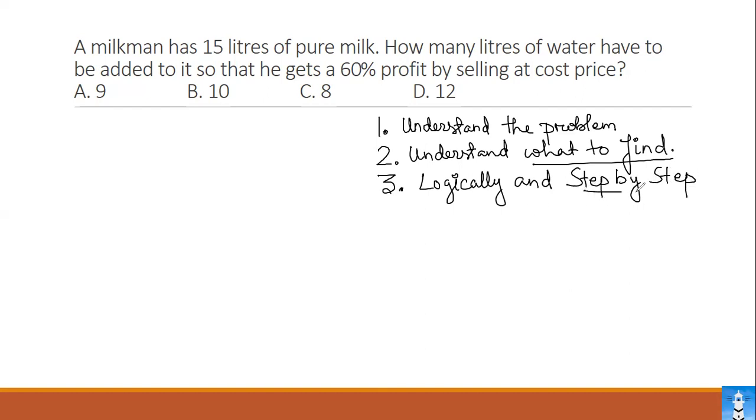By telling you to do it step by step, I'm saying to do it slowly and do each and every step in a very structured and logical format, because it is very easy to make faults within your solution if you don't follow the step-by-step method. This method will help you to solve the problem in the most efficient way. So you have to be logical and step by step.